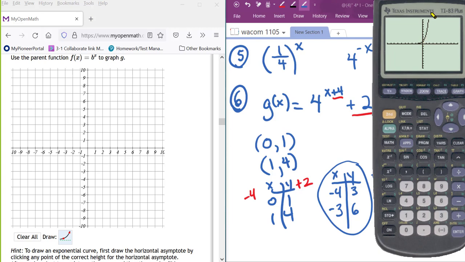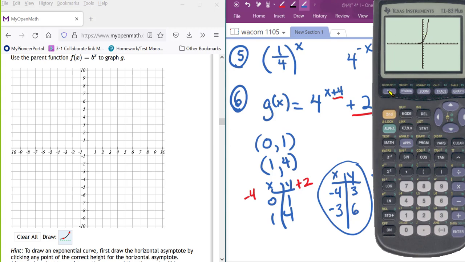Your asymptote on this parent function is going to be the x-axis, so it is y equals 0. If you're doing any vertical movement, that is going to change your horizontal asymptote because it moves your graph up and down, and that is what it always goes toward. So this one, your asymptote is going to be 2 because it's moved up 2, and that's the first thing you have to put on your graph.